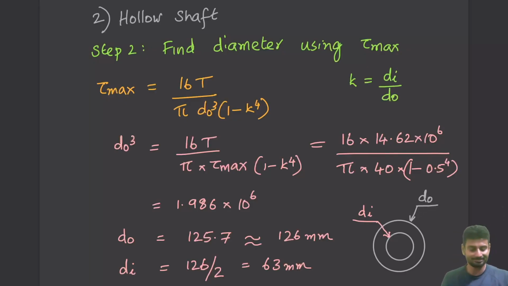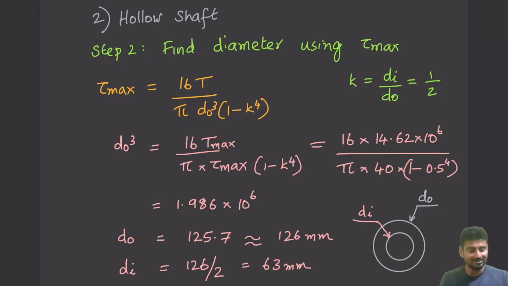So this is the equation, and in the question it is given that the outer diameter is twice the inner diameter, so K would be 1 by 2. And we have to solve for diameter, so we will rearrange the equation. So dO cube equal to 16T by pi into Tomax into 1 minus K raised to 4. Again, remember that we have to use T max in the place of torque.